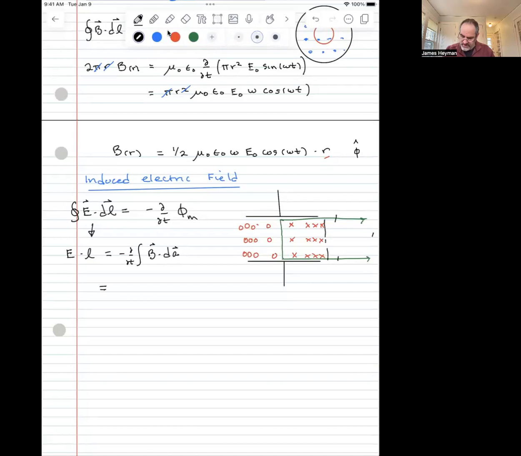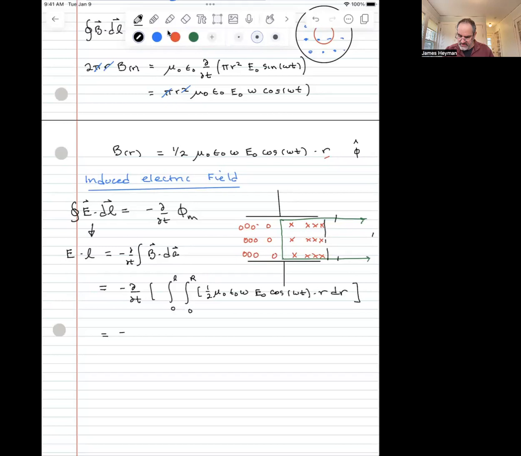So, it's given by, well, we have minus the rate of change of the integral from z equals 0 to L of the integral of r equals 0 to the radius of the loop of the magnetic field, which is 1/2 mu naught epsilon naught omega E0 cosine of omega t times r dr. Actually, almost all the terms can be taken outside of the integral.